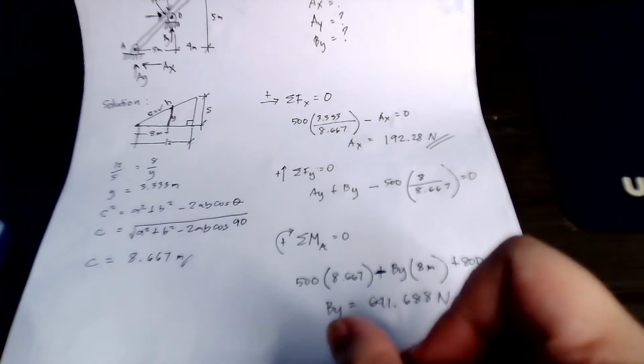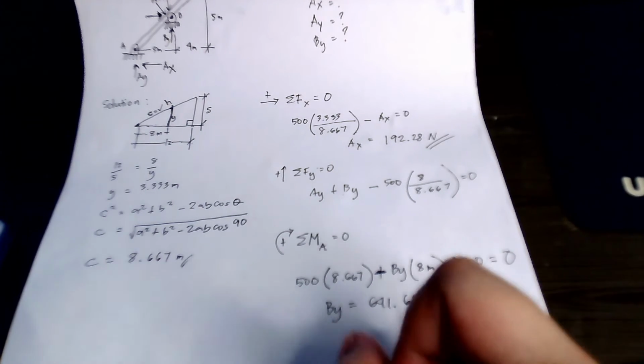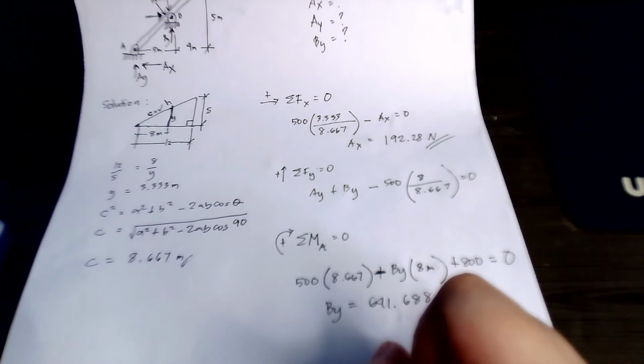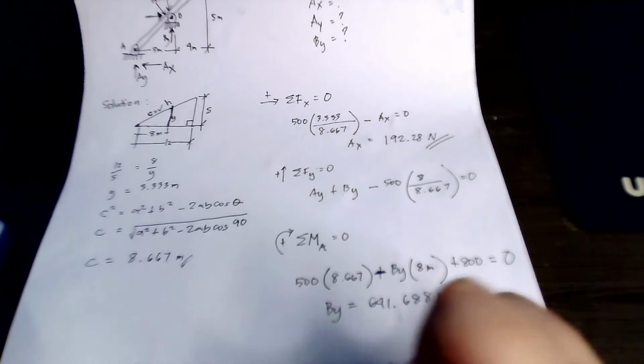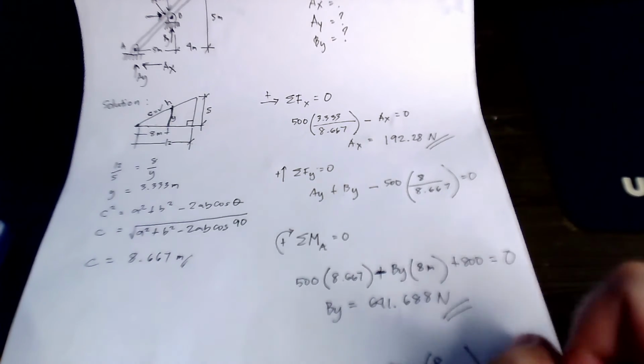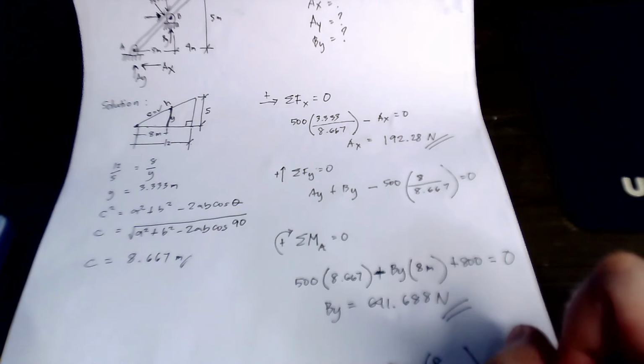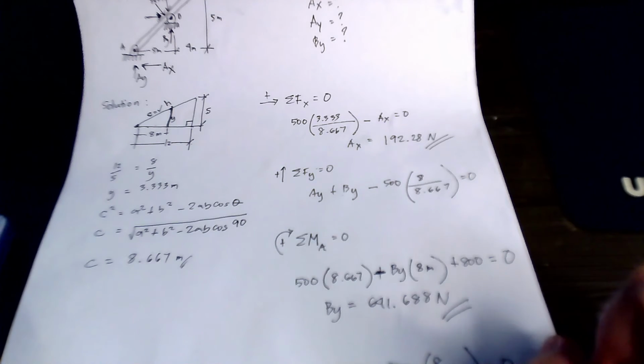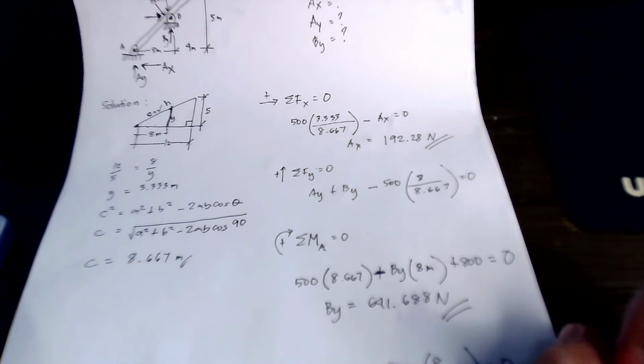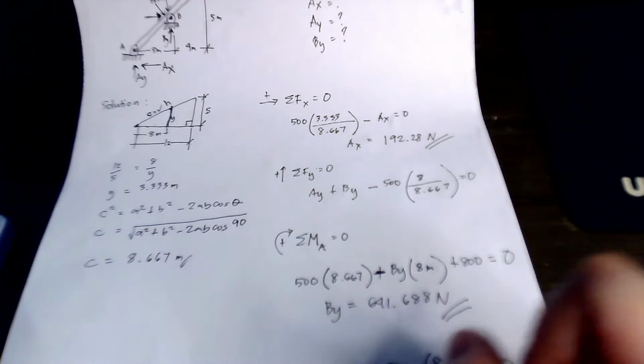Therefore AY plus 641.688 equals 500 times 8 divided by 8.667, which is 461.52.